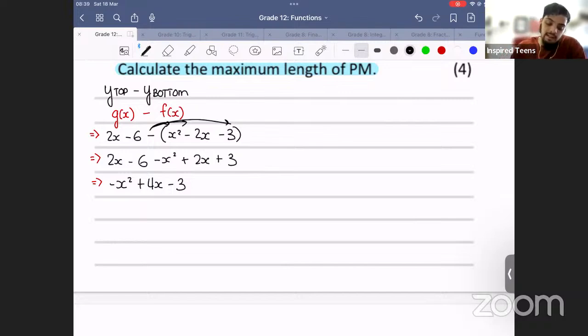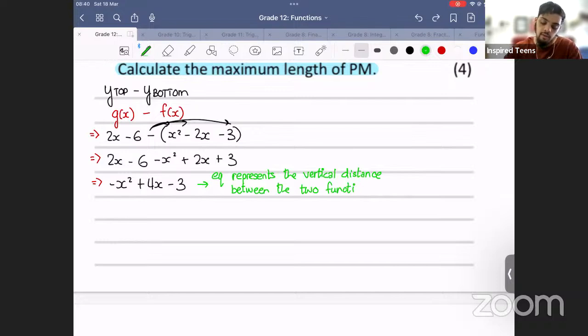So now we basically have an equation that represents what? This equation represents the vertical distance between the two graphs, between the two functions.